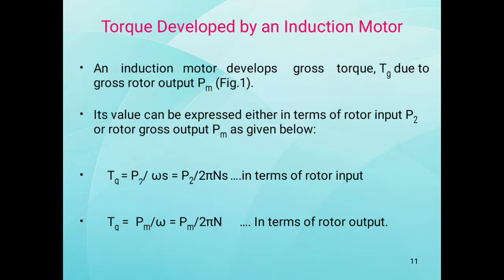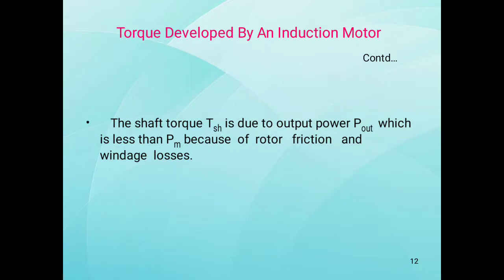Now here the shaft torque Tsh is due to output power Pout, which is less than Pm because of rotor friction and windage losses.